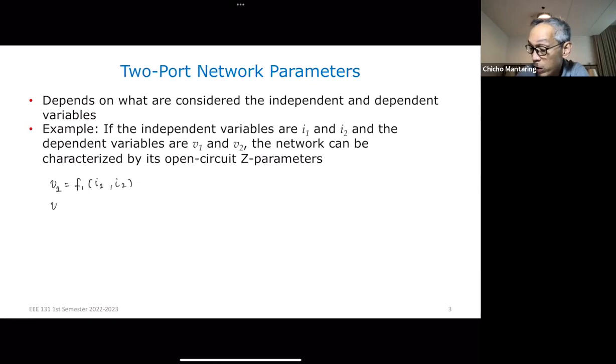And V2 will also be a function, let's call that F2, of I1 and I2. Okay, so these are my dependent, because they depend on I1 and I2. These two depend on I1 and I2. And then these are my independent.